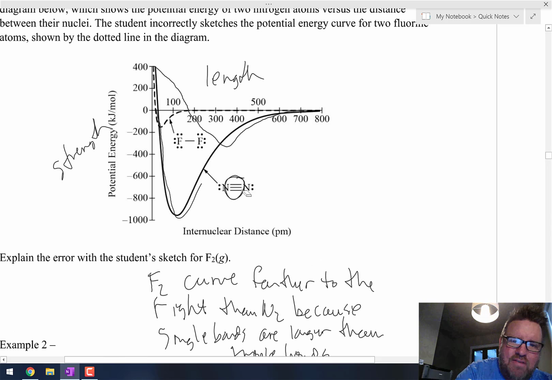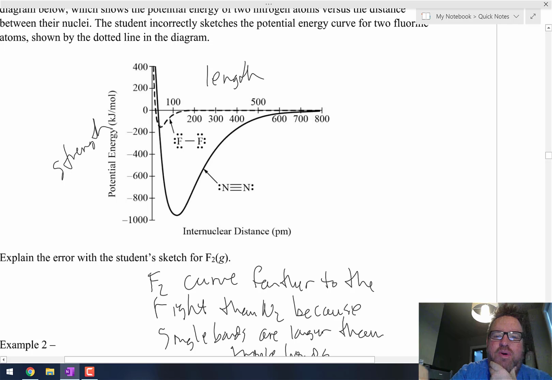What if, let's change it up here a little bit. What if we had, for example, fluorine versus, instead of N2, what if we had I2? So again, single bond, okay?